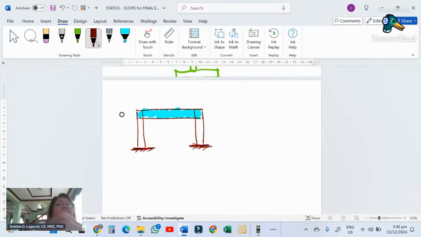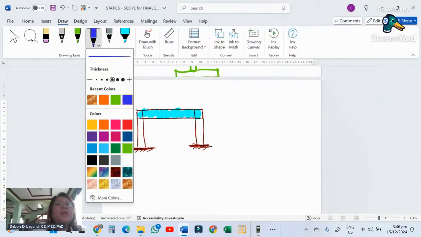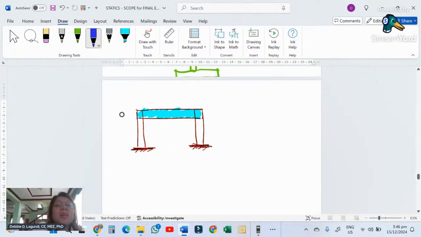For the beam, because this is a column, there will be a force on the column to carry the beam. And they are represented by my R1 and R2 variables. You call these the reactions of the support to whatever load you have on your beam.